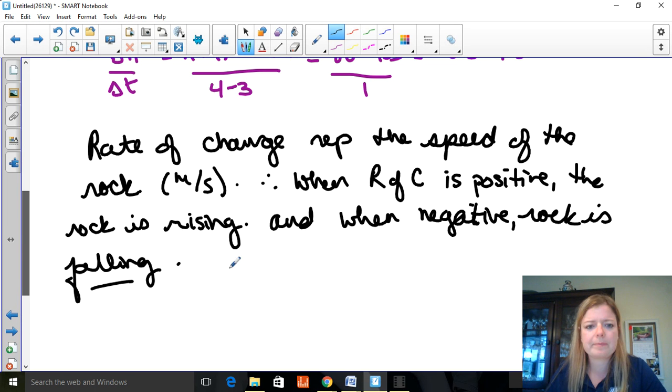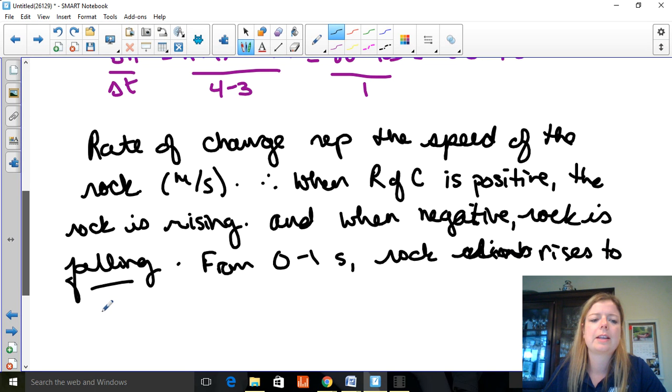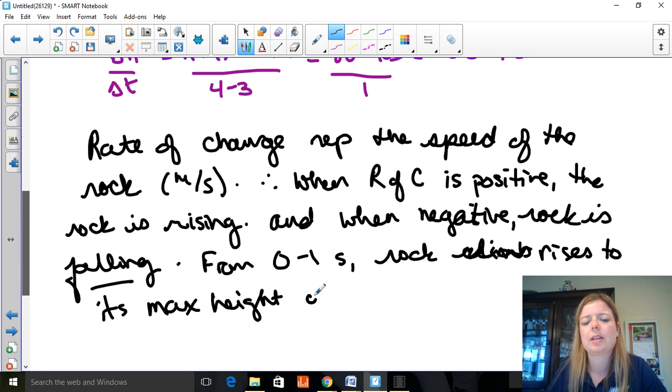So from 0 to 1 seconds, the rock rises to its max height at 1 second.